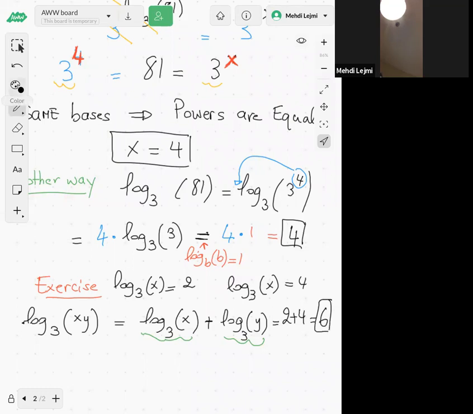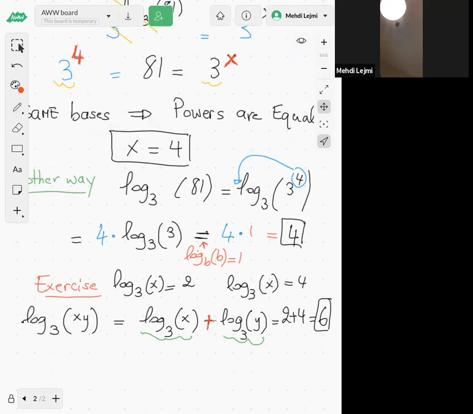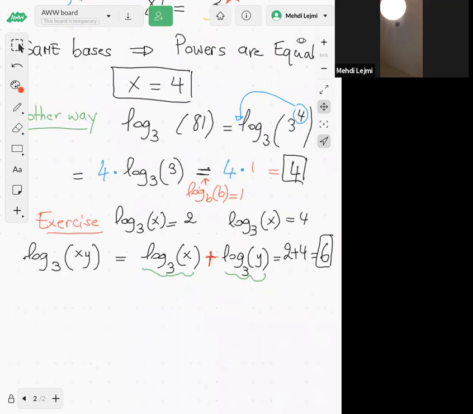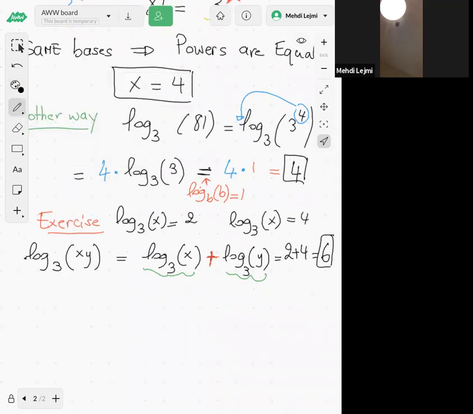So again, we are using the property that the log of the product is the sum of the logs. And then I think we have log in base 3 of y over x, right? Now when you have a log of a division, that will be the difference of the logs.